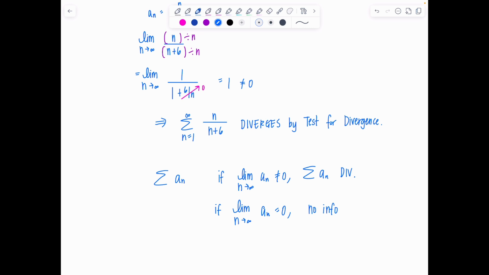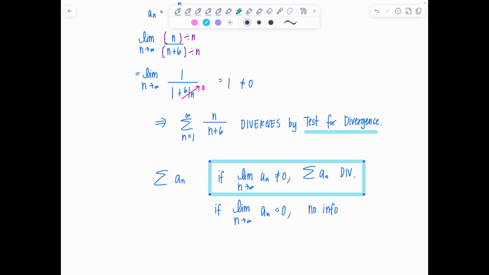So remember, this is called the test for what? The test for divergence. It can only be used to tell you that your series diverges, and that happens when the terms don't go to 0. If the terms do go to 0, the test is inconclusive. You have to figure out some other way to determine whether the series converges or diverges.